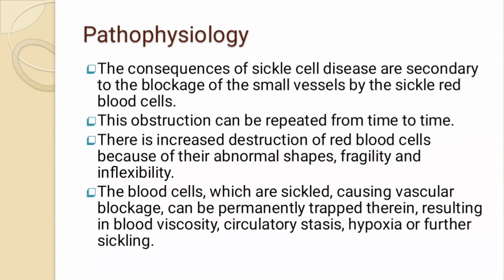The blood cells which are sickled, meaning they have a sickle shape, like the sickle used to cut grass, cause vascular blockage, can be permanently trapped therein, resulting in blood viscosity, circulatory stasis, hypoxia, and further sickling.